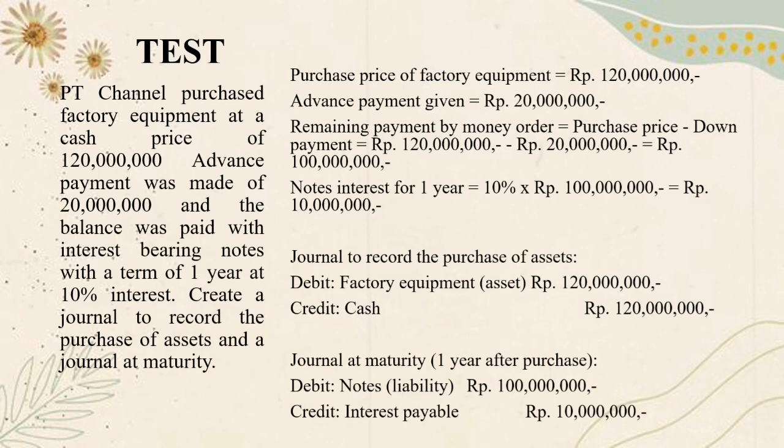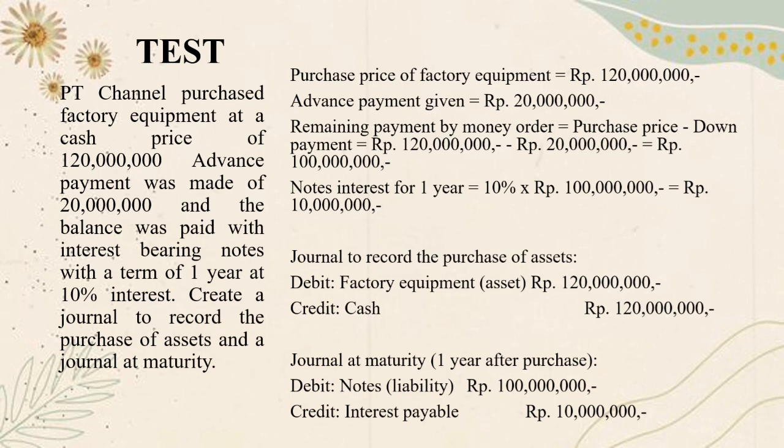The formula of the remaining payment by note is purchase price minus down payment, that is 120 million minus 20 million, and the result is 100 million. The note interest for 1 year is 10% multiplied by 100 million, equals 10 million.